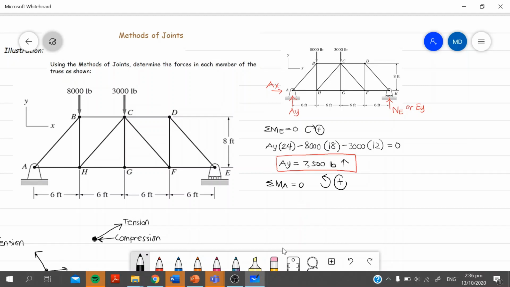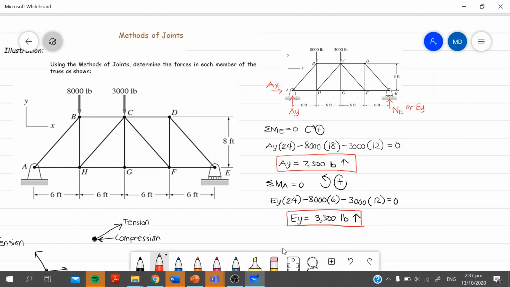So, EY times moment arm about A, that's 24, minus 8,000 times 6, minus 3,000 times 12. Okay, therefore, EY is 3,500 pounds. Since positive man ang lumabas, so tama ang assumption na pasaka.